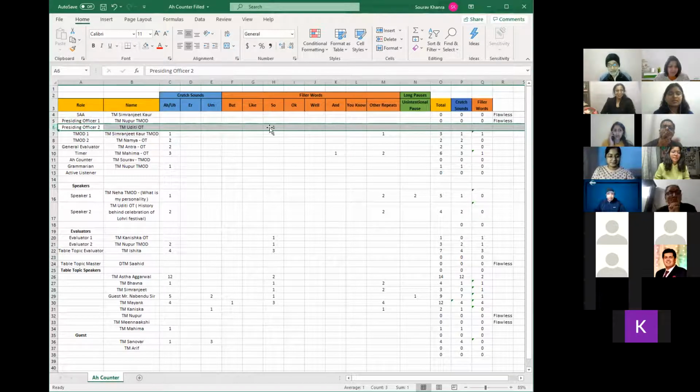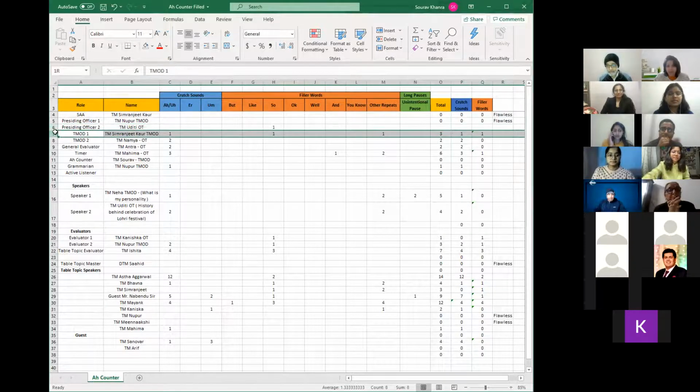She used one filler word. After that, we have Toastmaster of the Day number 1, Toastmaster Simranjit. She took total 1 crutch word and 3 filler words.